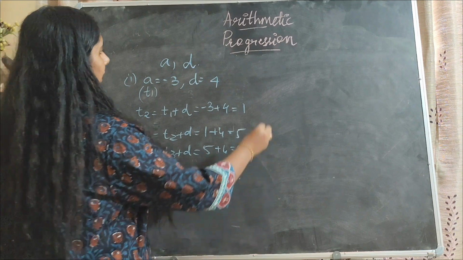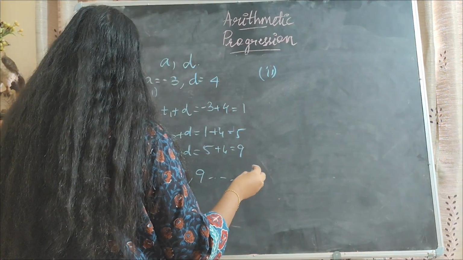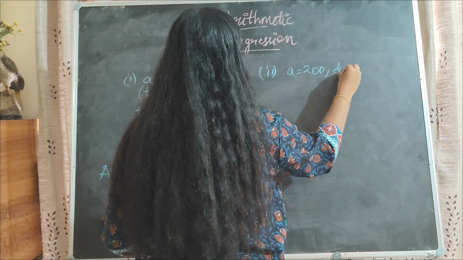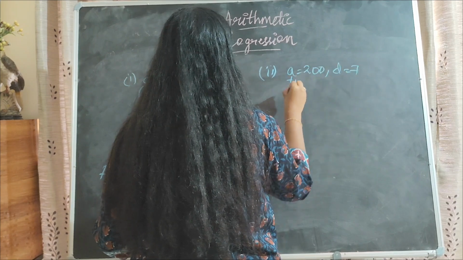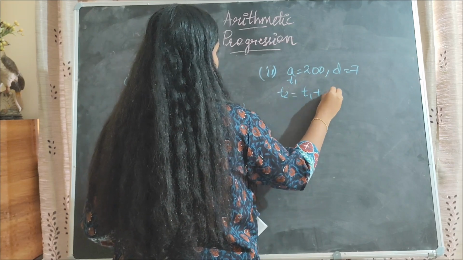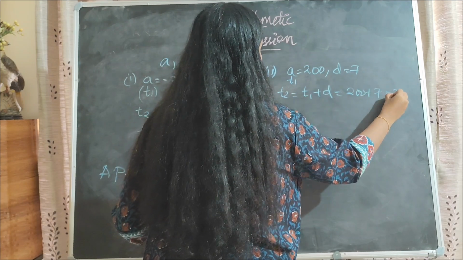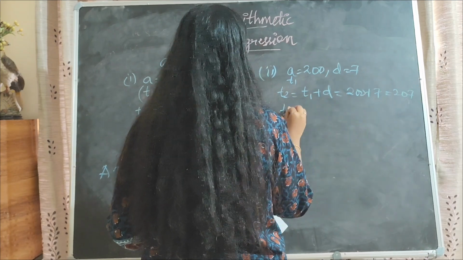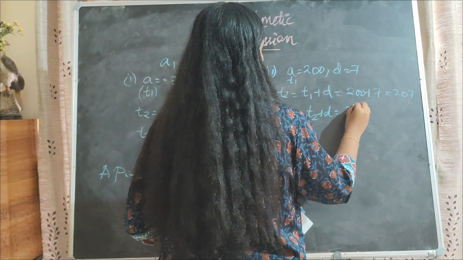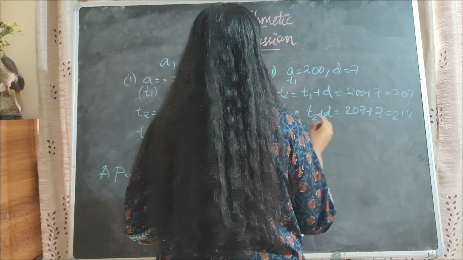Next, second one. A is 200 and D is 7. So this is your T1. So T2 is T1 plus D. So that will be 200 plus 7, which is 207. T3 is T2 plus D, which will be 207 plus 7, 214.